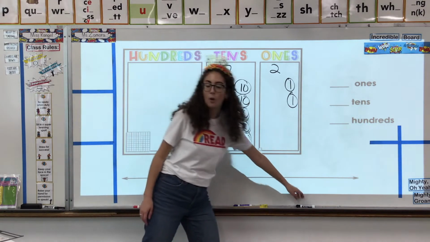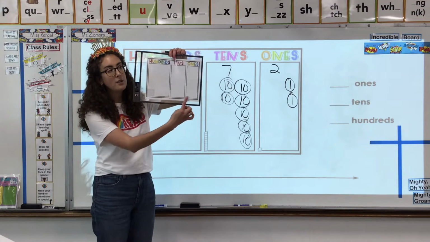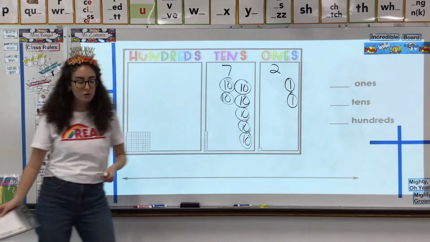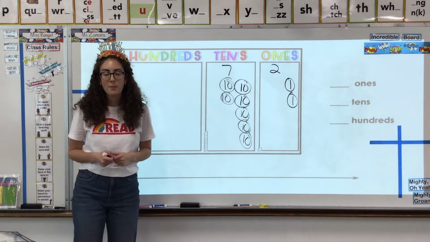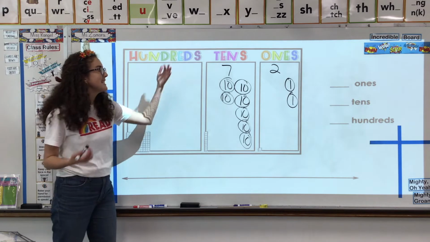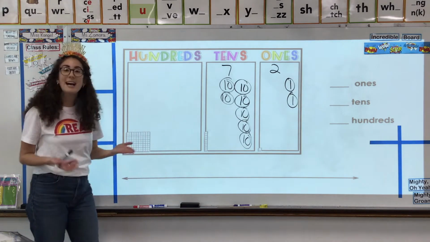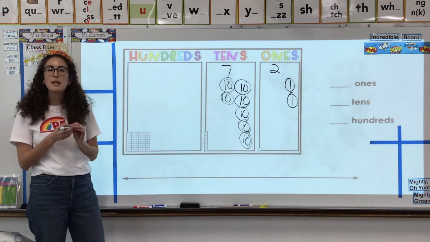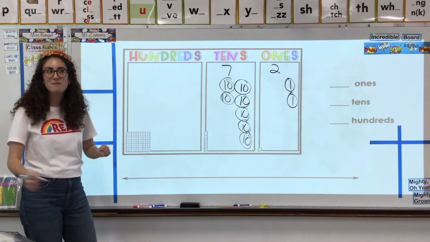So wherever you are, if you need another whiteboard or you can write underneath your place value chart, I need you to draw a nice straight line to represent, of course, a number line. So we're going to draw the same value that we did on our chart, but show it a different way with our number line. So second grade, how many tens are in 72? How many tens?